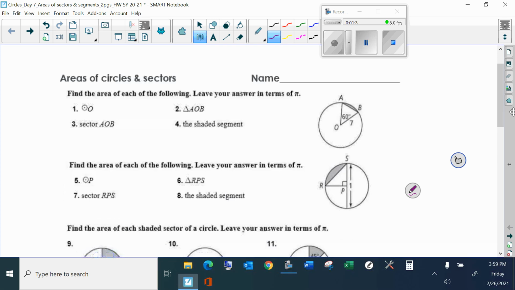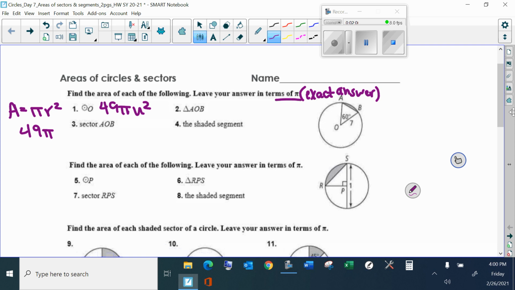Area of the circle, you should know, is pi r squared. So what is r? 7. So it's 49 pi, whatever the units are, squared. Notice that first off it says leave in terms of pi. That means the exact answer. That means you don't put pi in a calculator. You leave pi in the answer whenever it says that. So 49 pi right there.